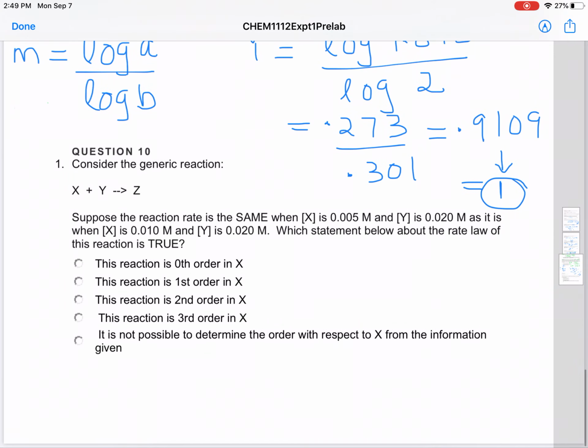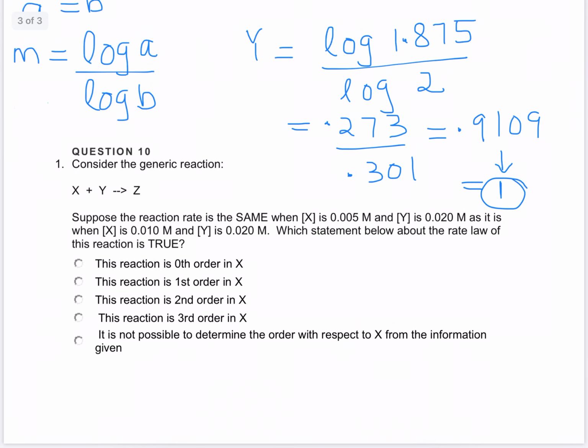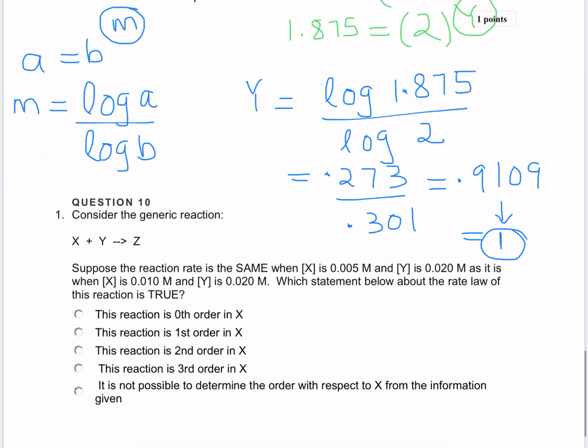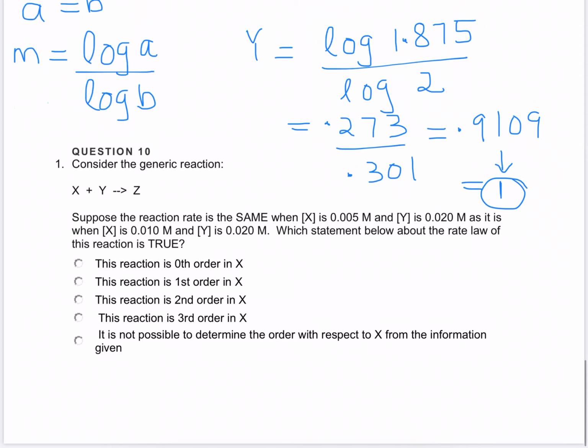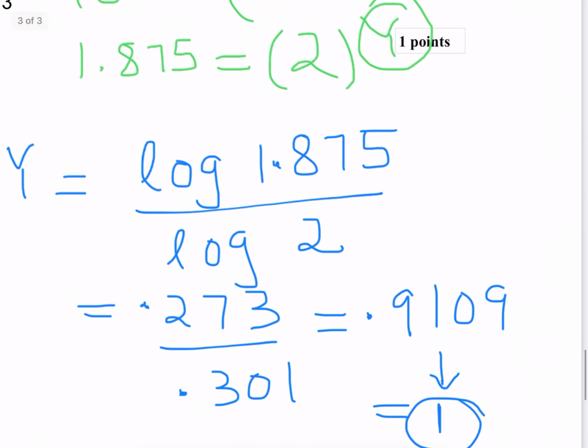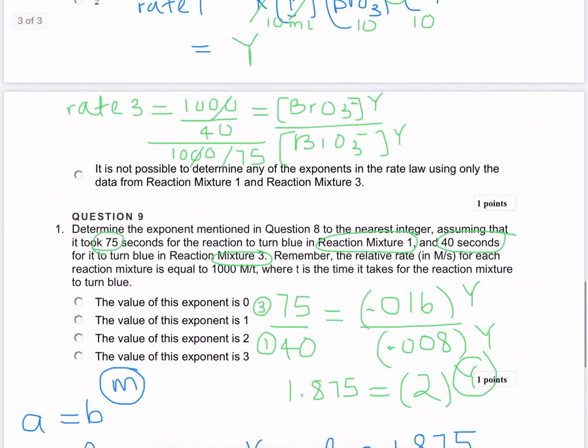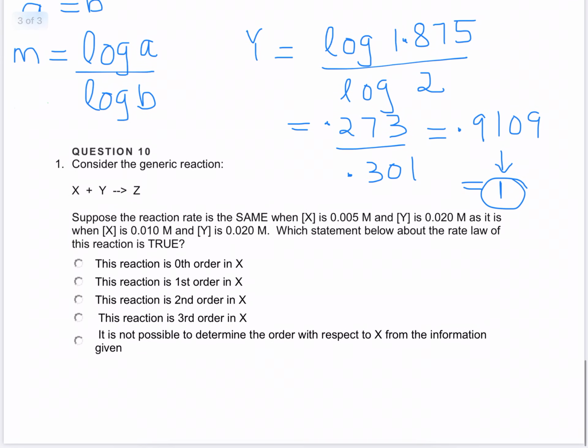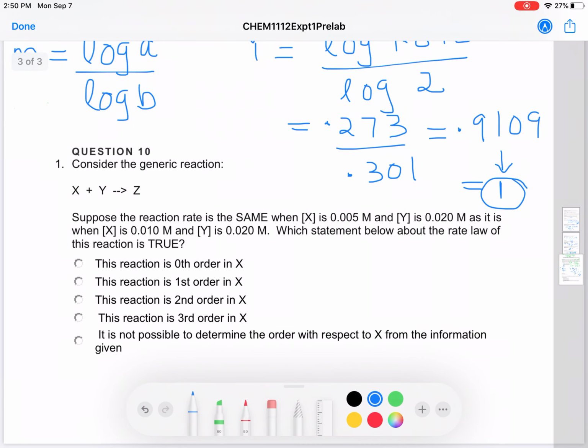Okay, and then question 10. Suppose the reaction rate is the same when x is 0.005 molar and y is 0.002, as it is when x equals 0.01 and y is 0.02.